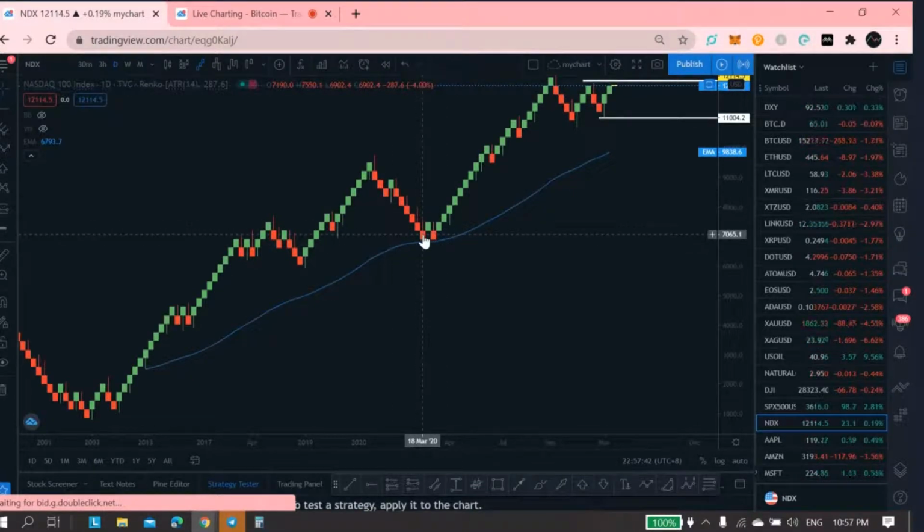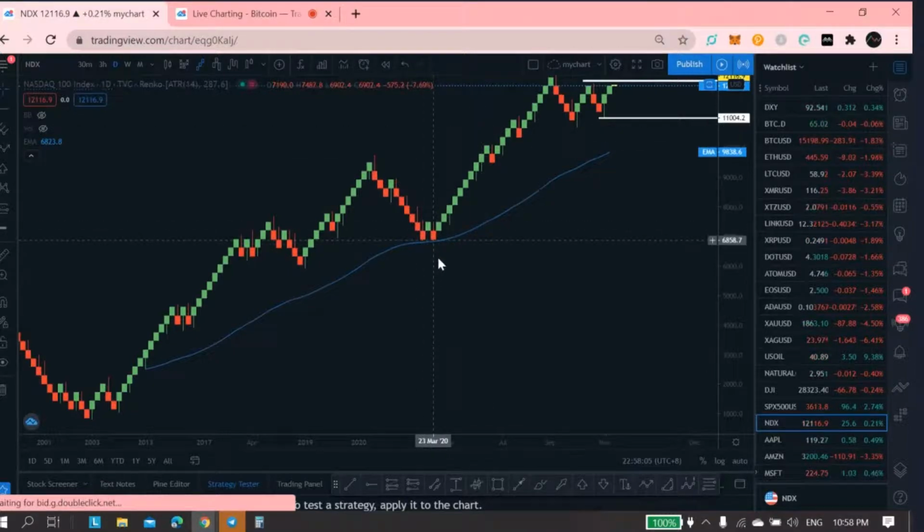Actually, for moving averages, simple moving averages, EMAs, or the exponential moving average weighted, these can serve as support or resistance. And also watch out for a possible crossover. If it crosses up, that's a golden cross and it's more bullish.